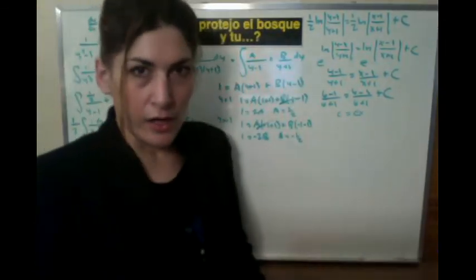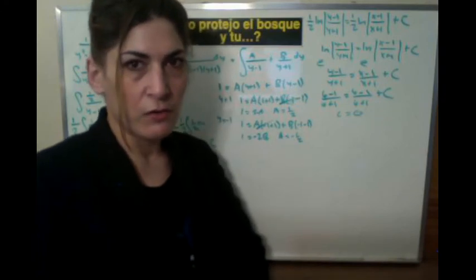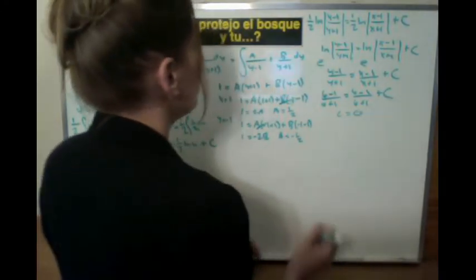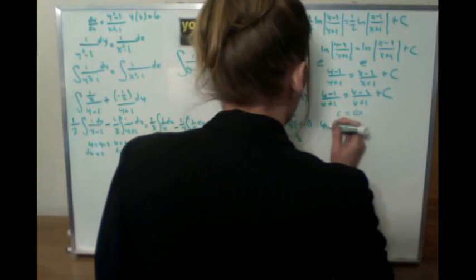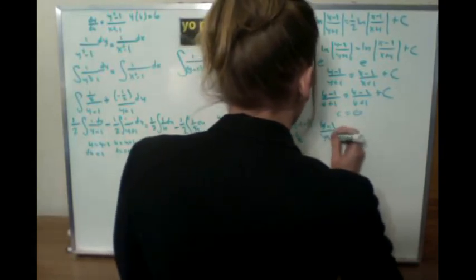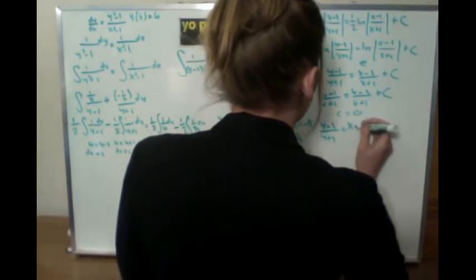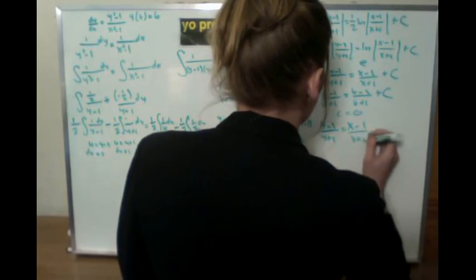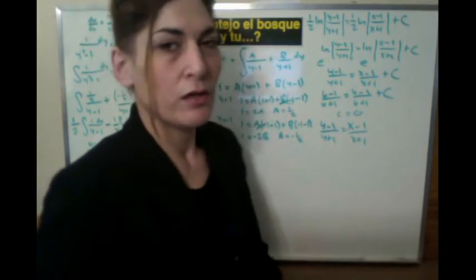We can now plug in our value for c into the general solution to the differential equation to give us y minus 1 over y plus 1 equals x minus 1 over x plus 1. And this is our general solution.